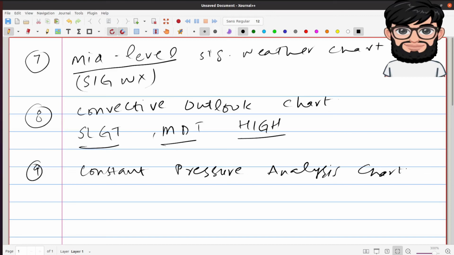From these charts, a pilot can approximate the observed air temperature, wind, and temperature dew point spread along a proposed route. Remember that the constant pressure surface is the surface which has equal pressure in the atmosphere. One surface where the pressure doesn't change would be considered a constant pressure surface.